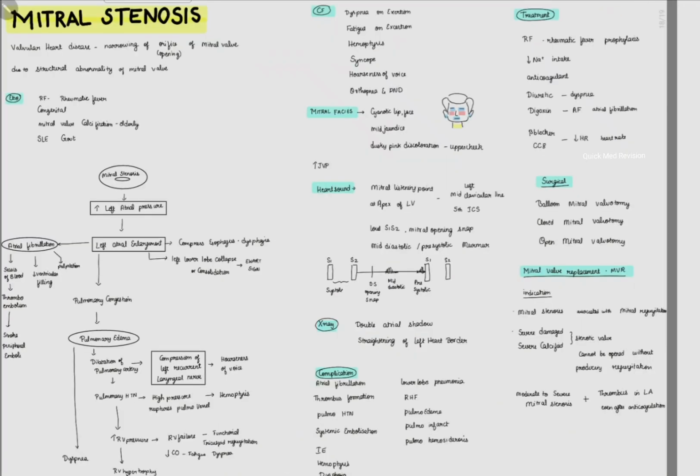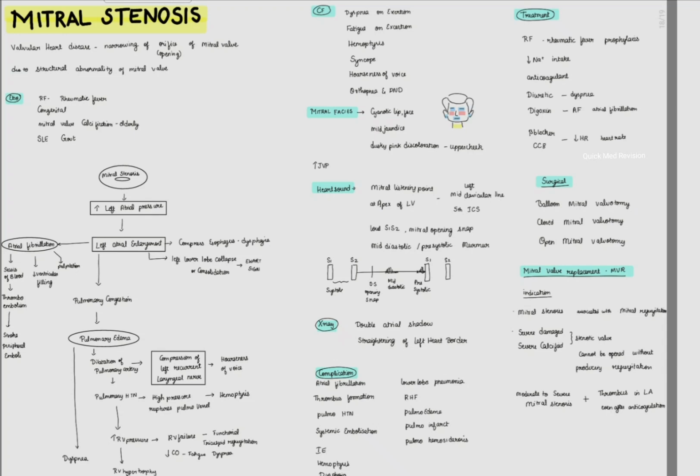So to summarize it up, definition: narrowing of the mitral valve due to structural abnormality of the mitral valve; etiology, some 3-4 etiologies; and the pathogenesis in mitral stenosis, wherein there is increased left atrial pressure, left atrial enlargement, pulmonary congestion, pulmonary edema, which causes further symptoms.